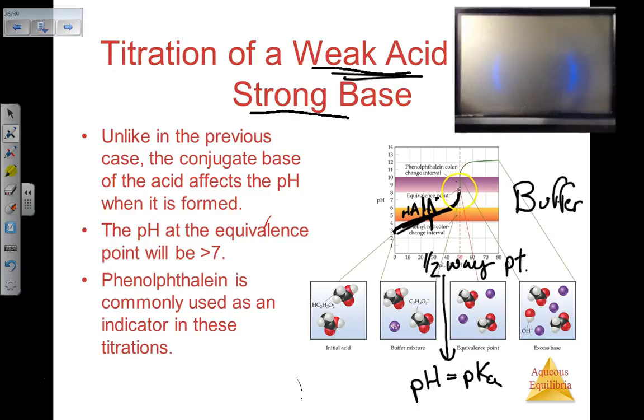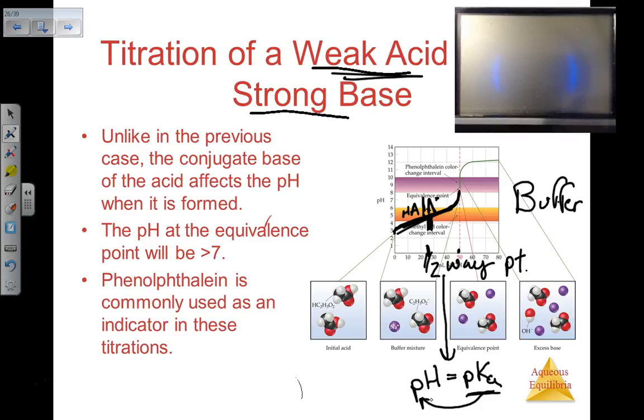So if you get to the equivalence point at 50 milliliters of sodium hydroxide, that means the halfway point is at 25 milliliters of sodium hydroxide. And at that point, since the Ka doesn't change, the pKa isn't going to change, so we can calculate the pH. So it gives us all sorts of points that we can calculate.